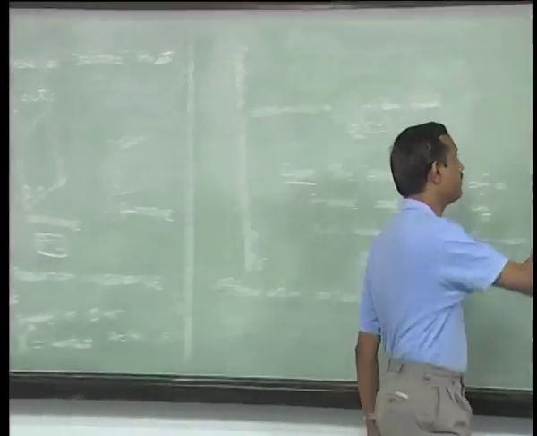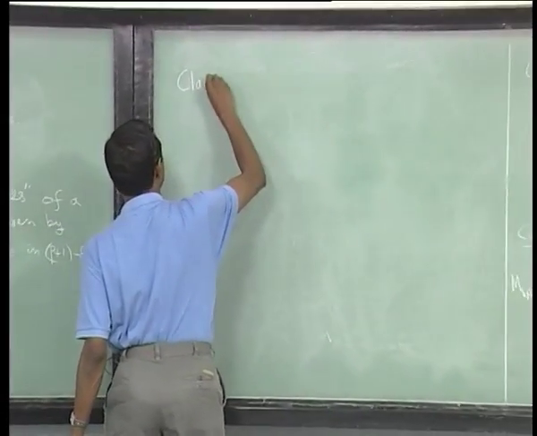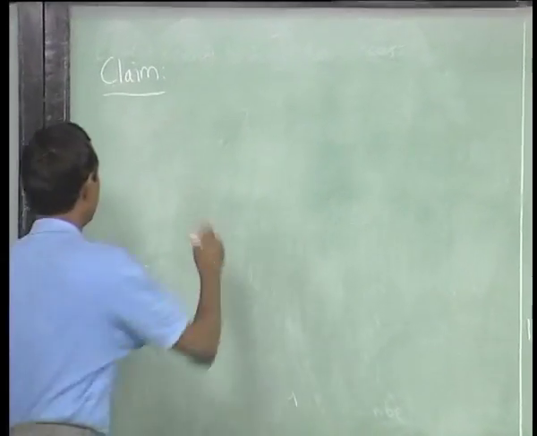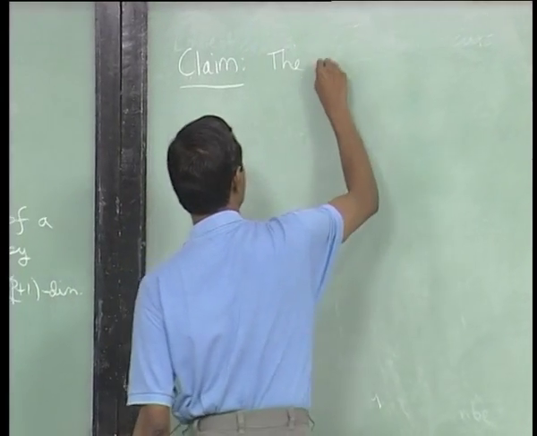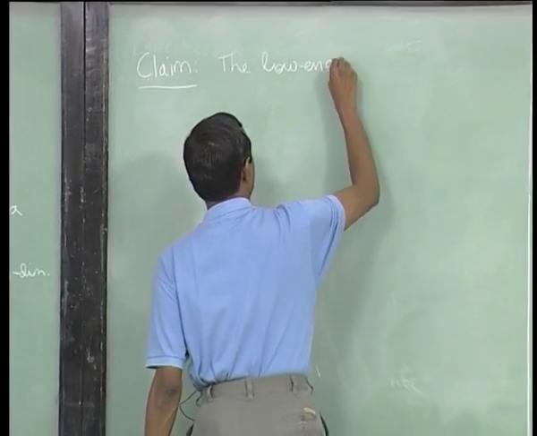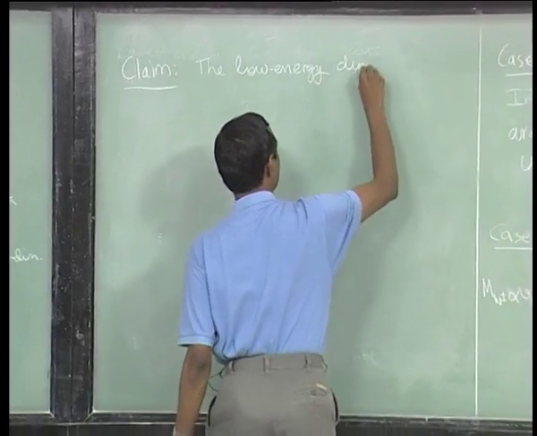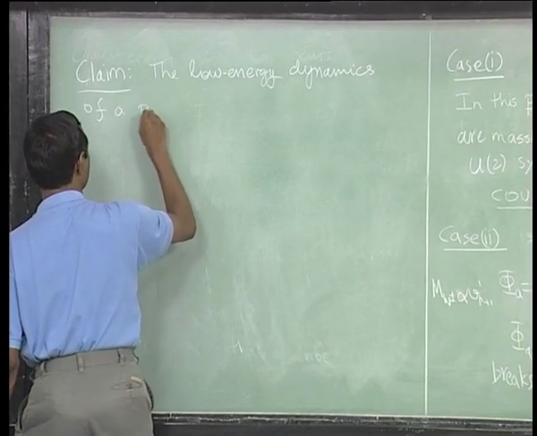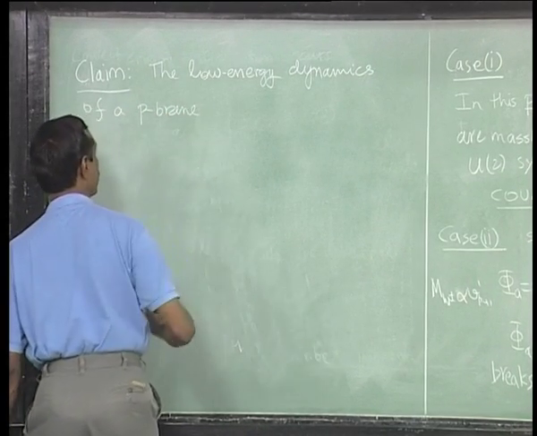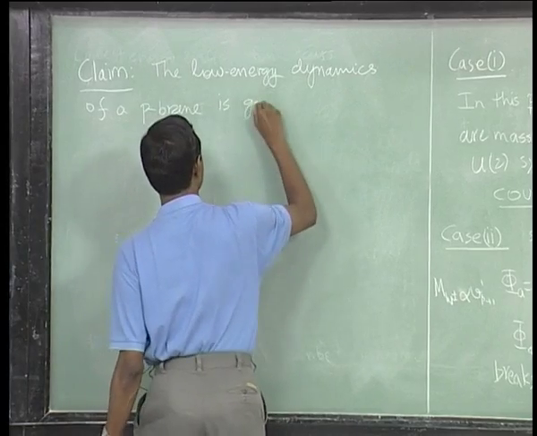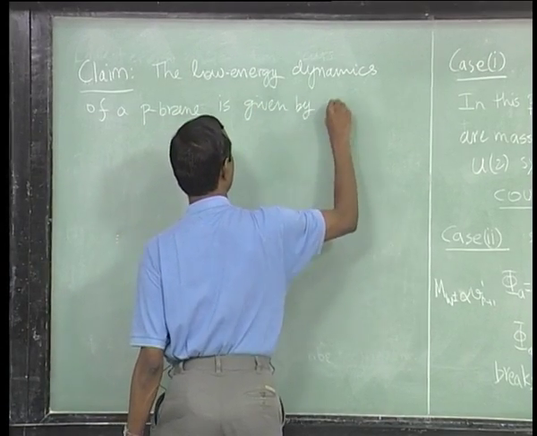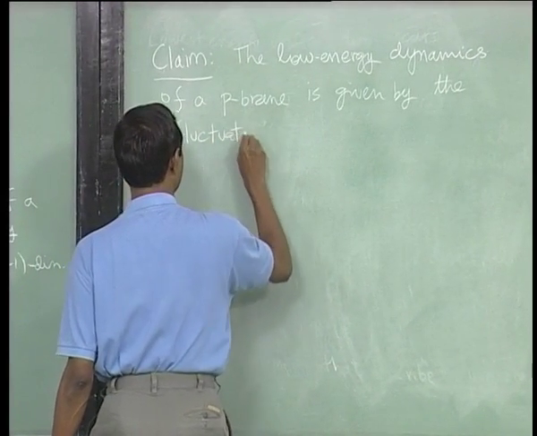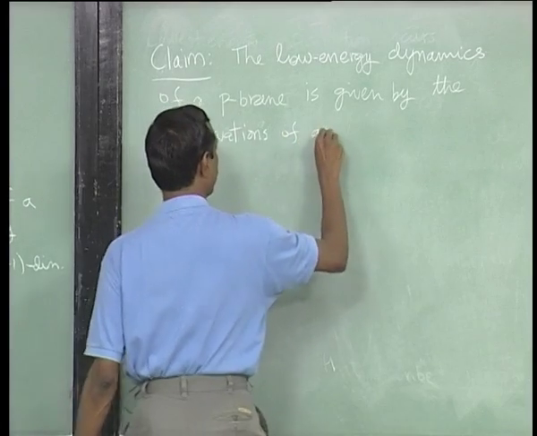And the claim, because I will not be proving it, and I do not think it is proven in a rigorous sense, but there is a lot of evidence for this. The claim is that the low energy dynamics of a p brane of the kind I am talking about is given by the fluctuations of an open string.